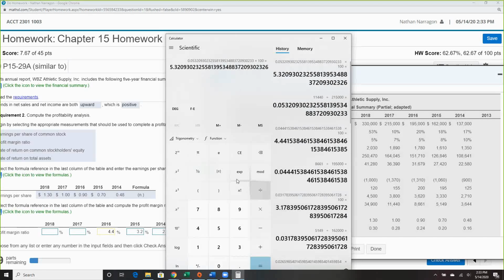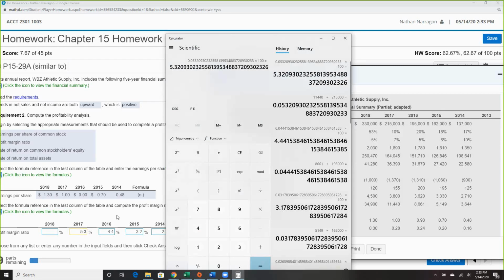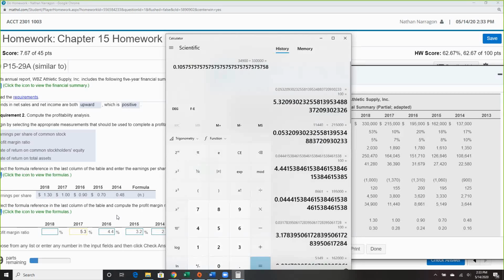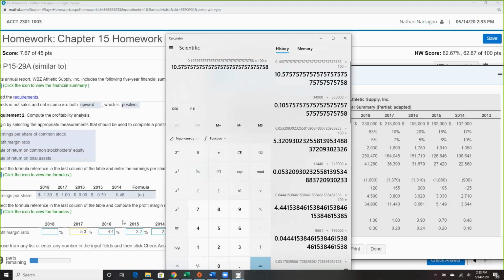Okay, that's 5.3. And then last, 2018. I'm looking at 10.6.